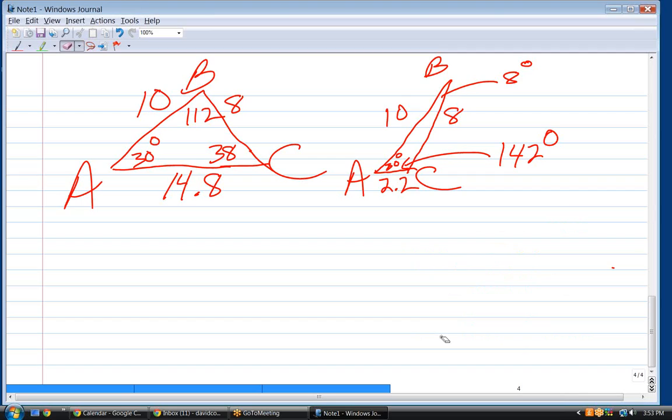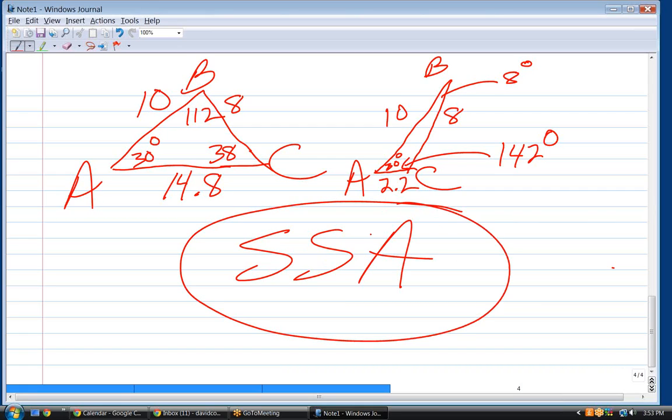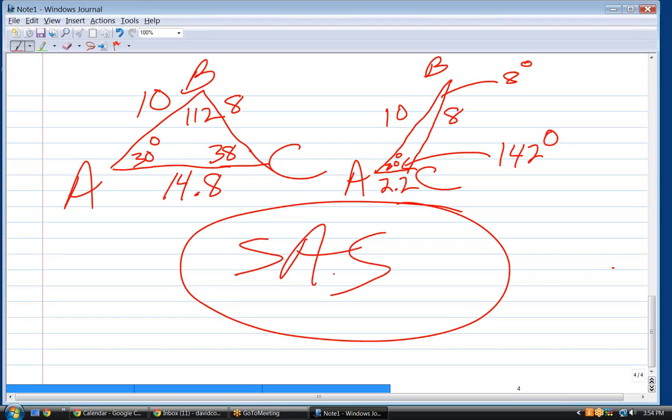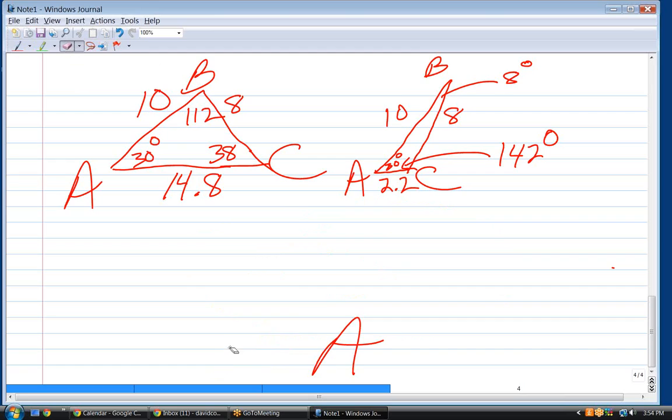And notice that both solutions have exactly the same 3 initial conditions. And what you're always looking for here is where you have a side-side-angle. In other words, when you're given side-side-angle, you always have to be wary of 2 possible solutions. You never have to worry about it if it's side-angle-side. You never have to worry about it if it's angle-side-angle. Anything other than side-side-angle is never going to be ambiguous.